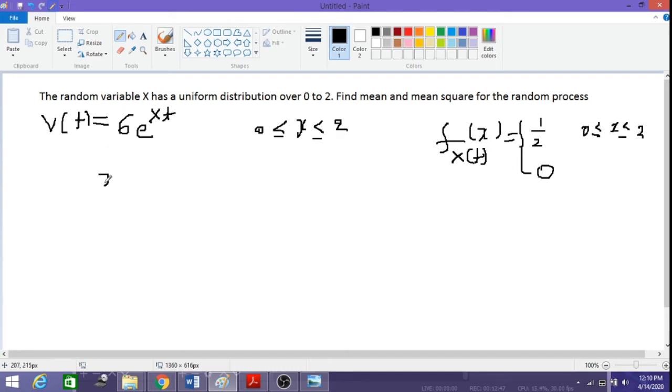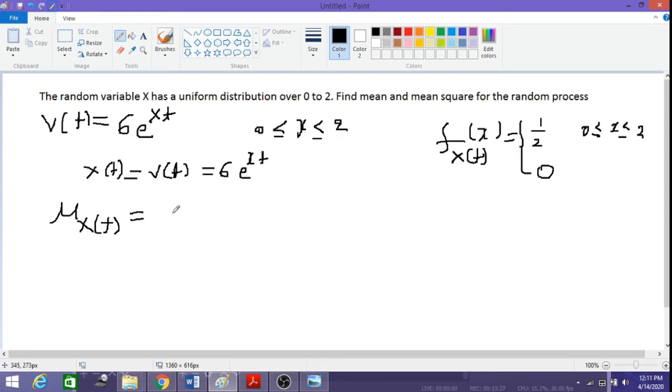So now v of t is 6 into e power xt. Let us take the expectation. We have to find the mean. We know that the mean of X of t, this is a capital X here, the random process, so X of t is equal to v of t, we can consider.